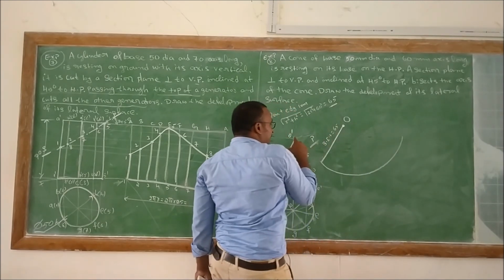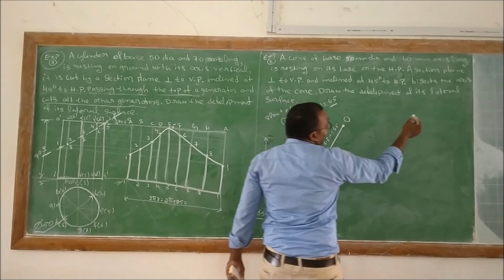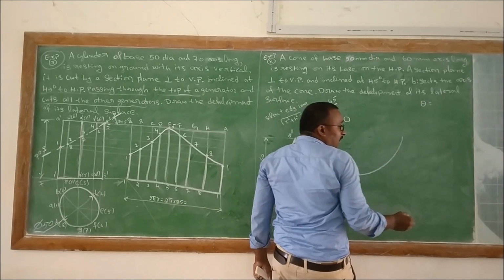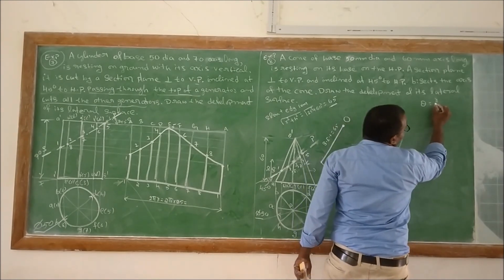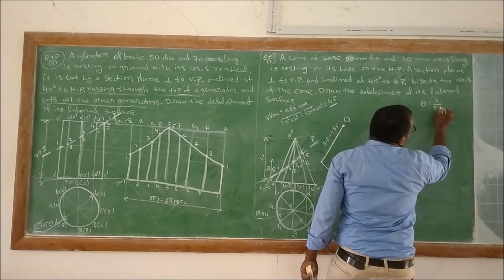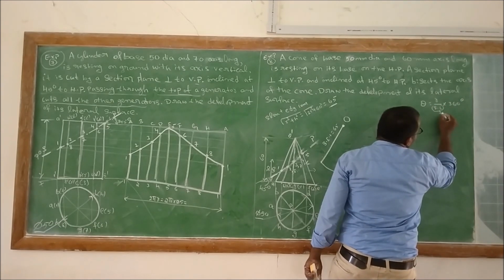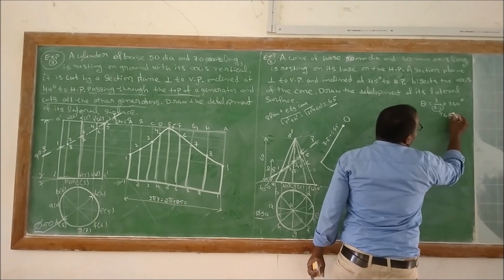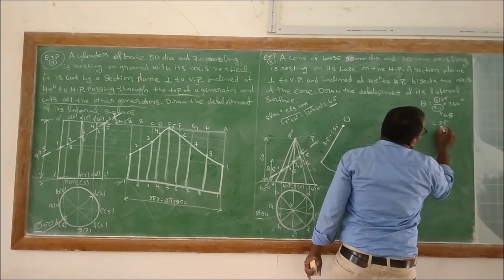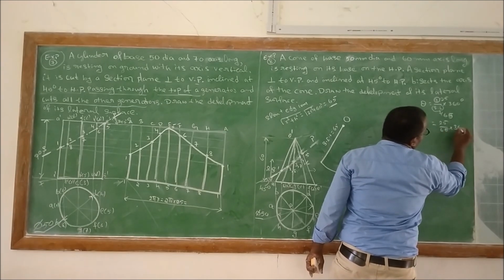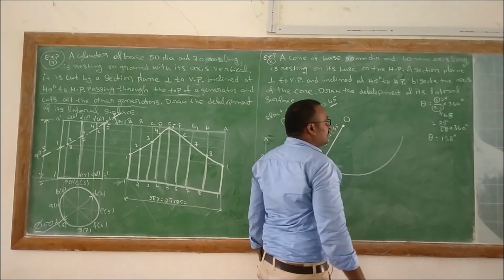We can calculate it, or directly we can take the distance from O dash to E dash and then measure the angle theta. We need to calculate the angle theta, which is equal to r divided by slant edge length, into 360 degrees. Here the slant edge length is 65, and r is 25. So 25 divided by 65 into 360, then you will get 138 degrees. Theta is equal to 138 degrees.